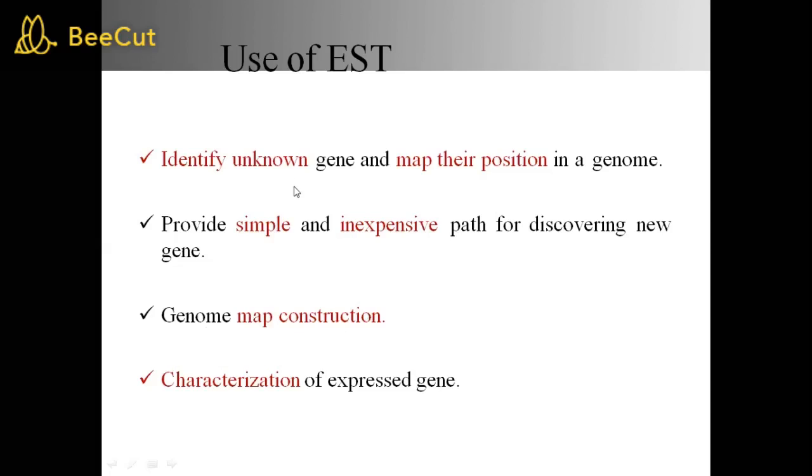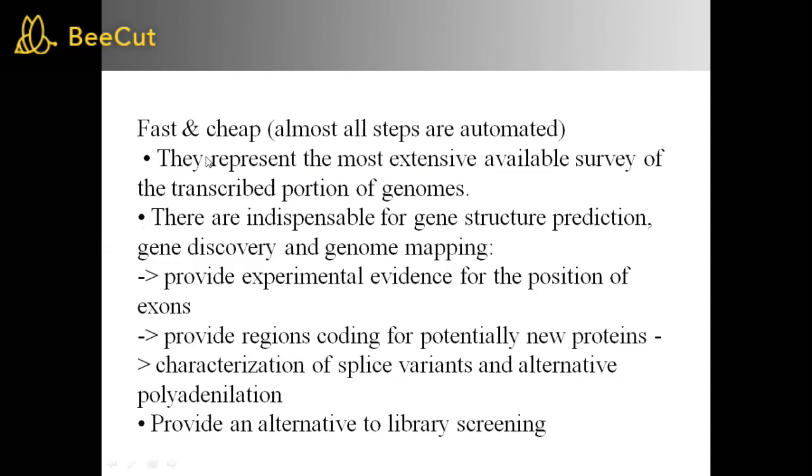Next, expressed sequence tags are used for the characterization of expressed genes. By using them, we can find out which expressed genes are present. They are a fast and cheap technique, and almost all the steps are automated.